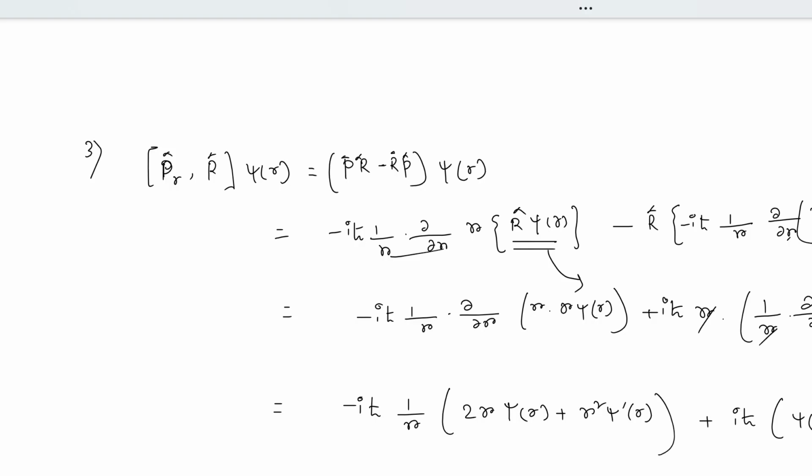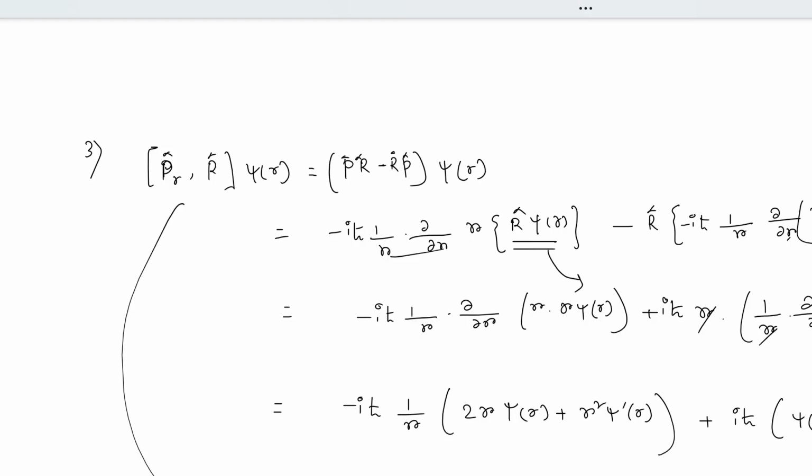So you can see that this minus iħ R psi prime R and plus iħ R psi prime R cancelled out with each other, and you are only left with minus 2iħ psi R plus iħ psi R, which is minus iħ psi R. So whenever you start from here and end up at this, you can see that the eigenvalue relation has come as minus iħ.